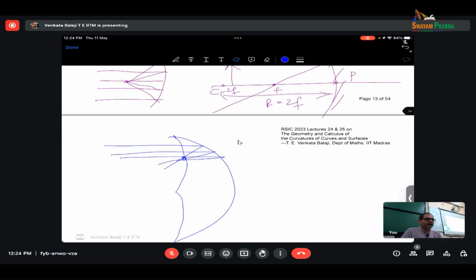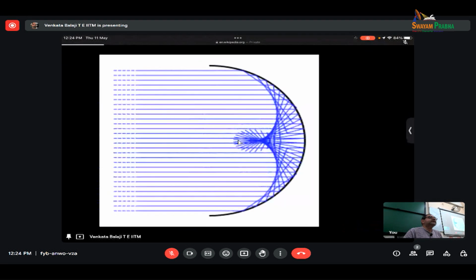Let me see whether I can show that to you. The envelope of all the reflected rays is the curve that touches all the reflected rays, and that's the curve where all the rays condense, and that is your nice curve. That's what you're seeing.